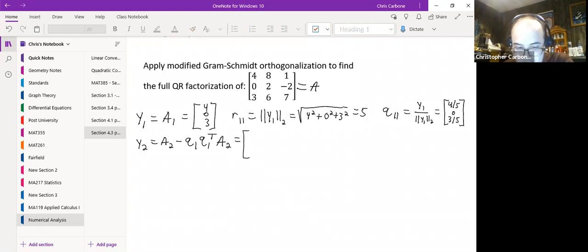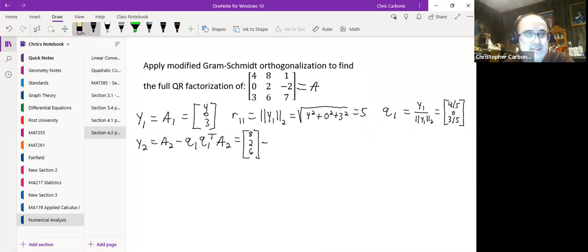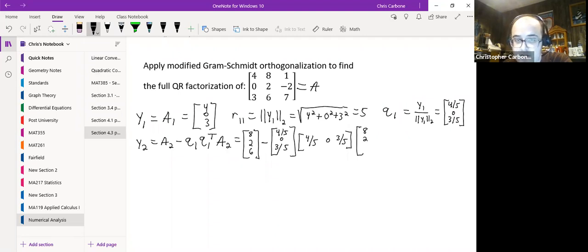Written out with the vectors, this is the second column, 8, 2, 6, minus q sub 1, which is 4/5, 0, and 3/5, times the transpose, 4/5, 0, and 3/5, times the second column of A again, 8, 2, 6.